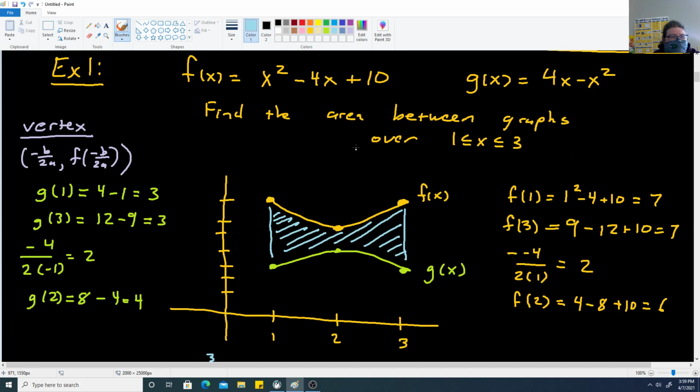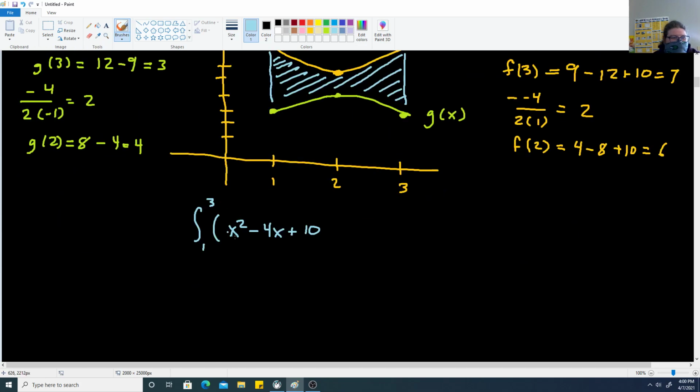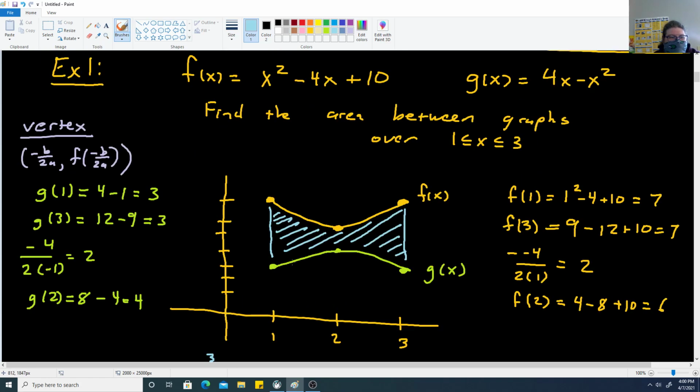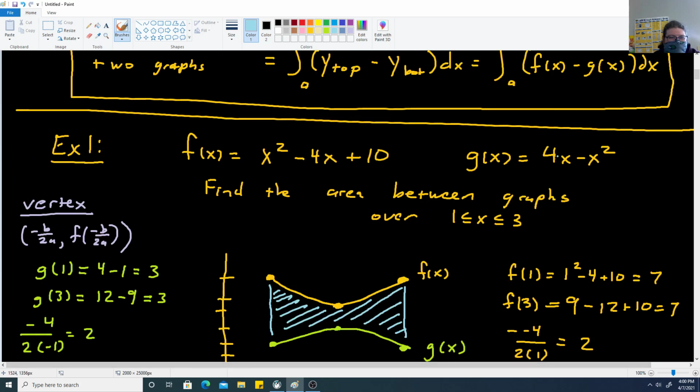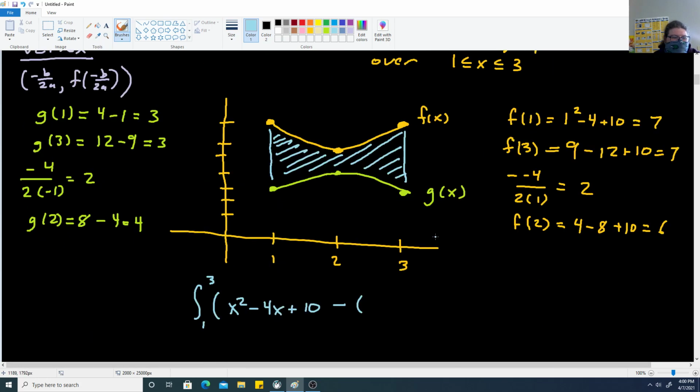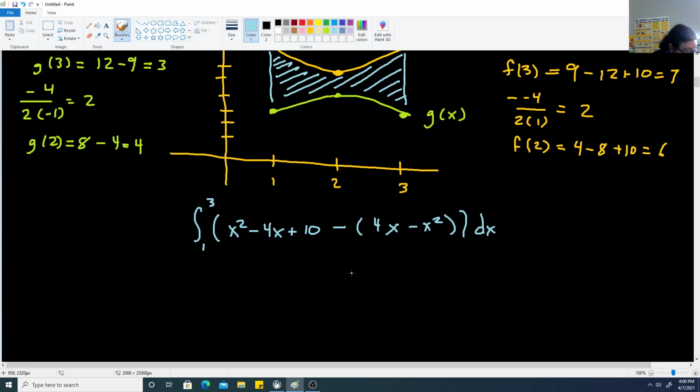And then we subtract from it the g of x function. We need to make sure that all of the g of x function sees the negative sign, because the g of x function is the bottom function, so we're going to subtract the bottom function. So 4x minus x squared goes down there. And then we'll distribute our negative sign, and we'll solve the thing out. And that'll tell us the area.